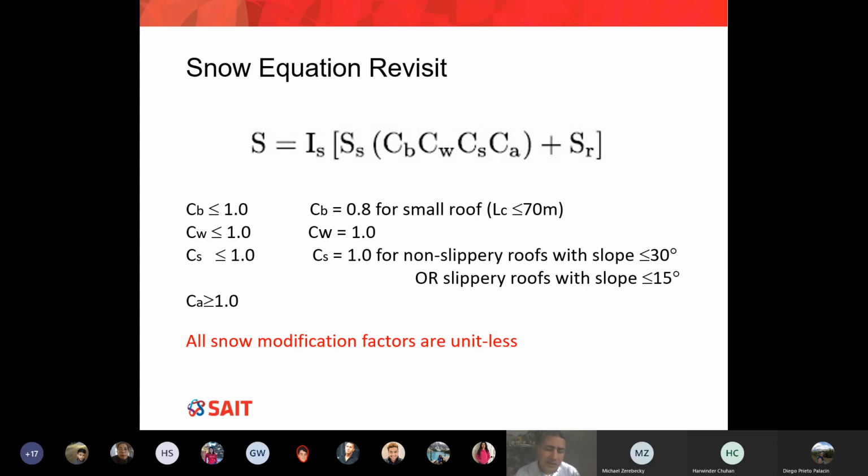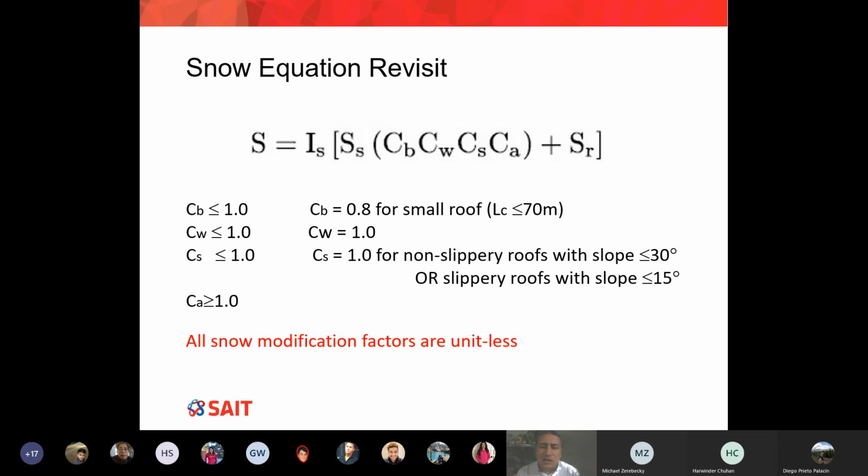Cw is the wind exposure. In general, it can be equal to 1 or less, but in our classes, we use 1 for safe design. Now, the third one is the slope factor, equal to or less than 1. With the increase of the slope, we can reduce the snow by a factor less than 1, depending on whether your roof is slippery or non-slippery.